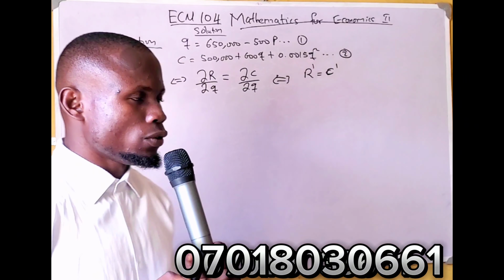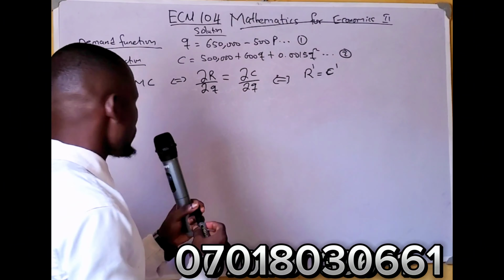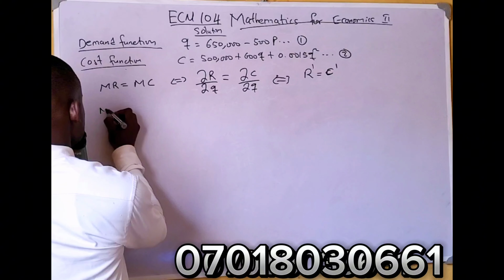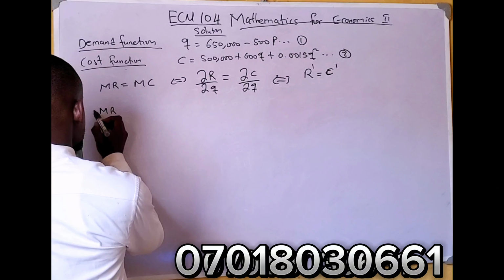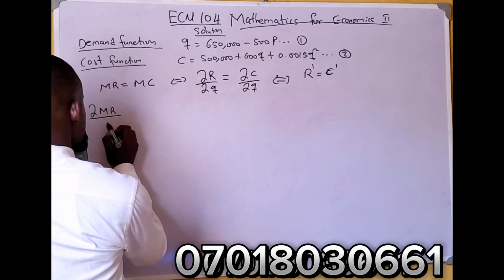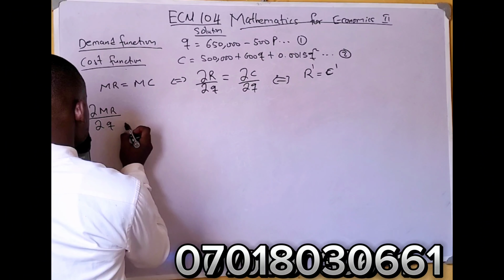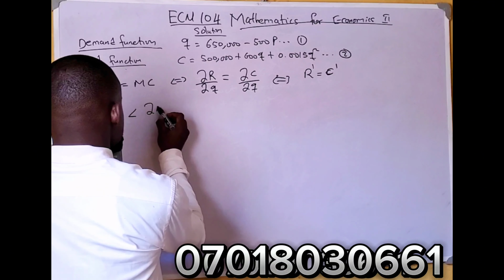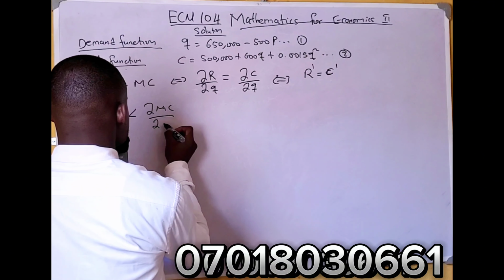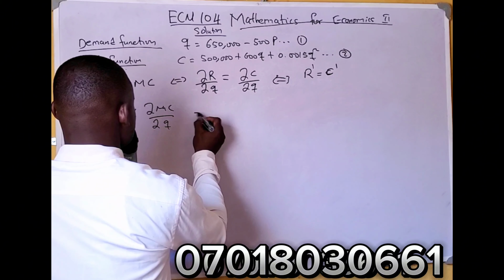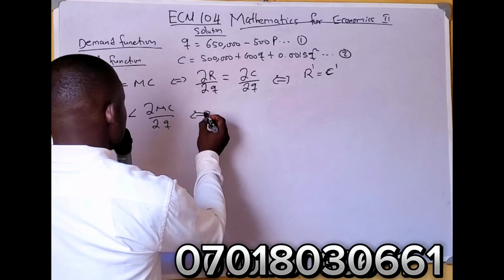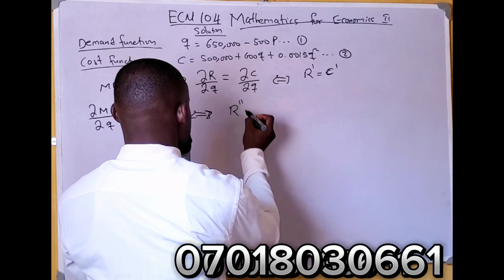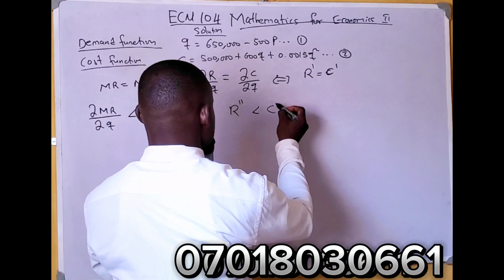Now the sufficient condition for this is what? The sufficient condition is that the derivative of our marginal revenue with respect to Q must be less than the derivative of our marginal cost with respect to Q. This is the same thing as R'' must be less than C''.